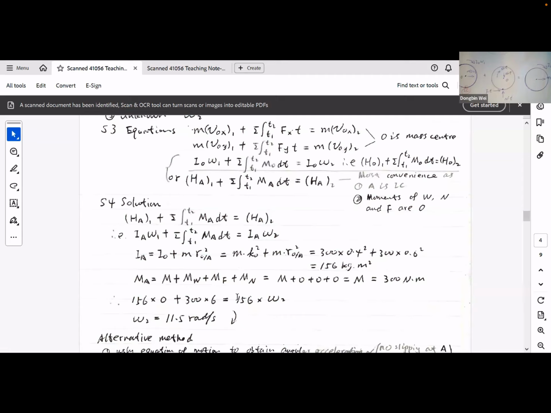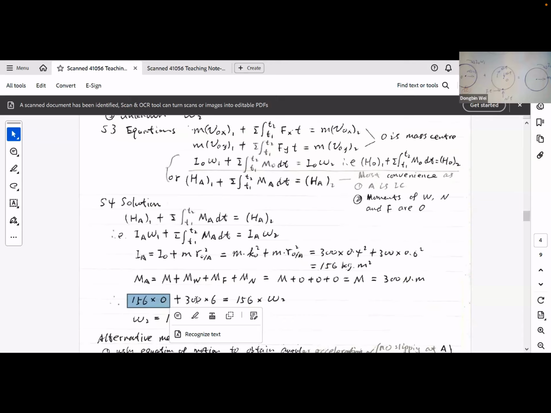For HA2, this can be expressed using the MMI of this wheel about point A times omega 2. On the left side is the MMI of this wheel about point A times the initial angular velocity, 0.